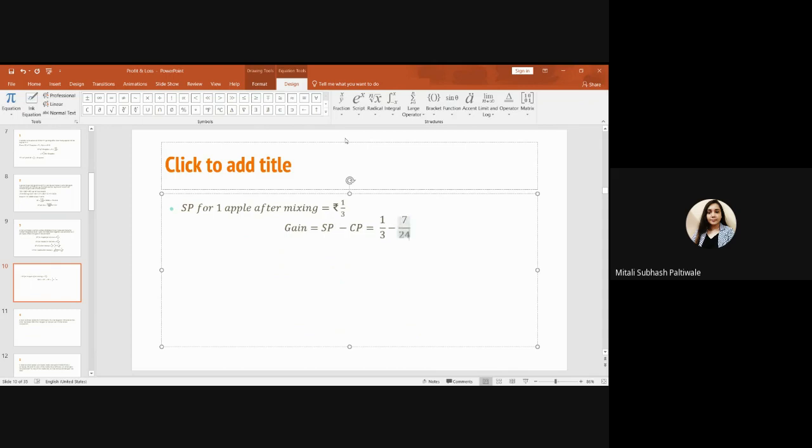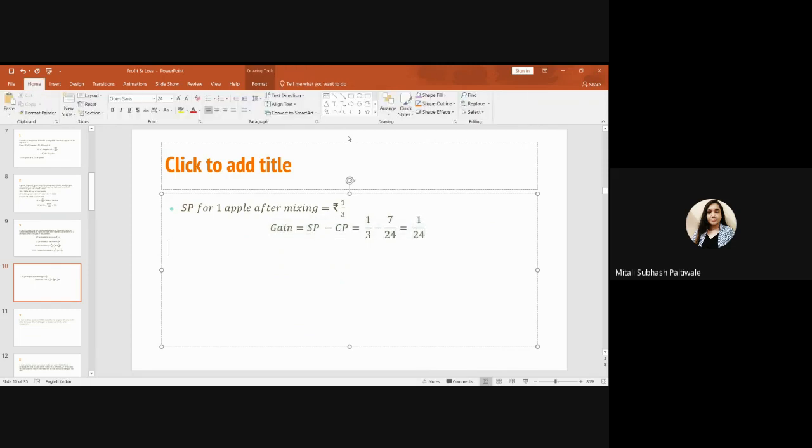How much would this be? This would become 8 minus 7 by 24, so this would become 1 by 24.